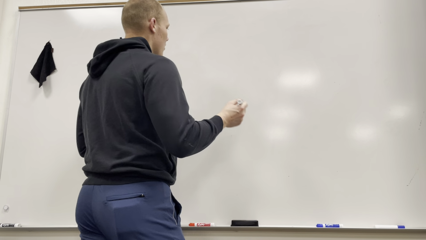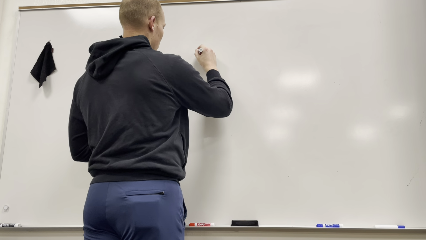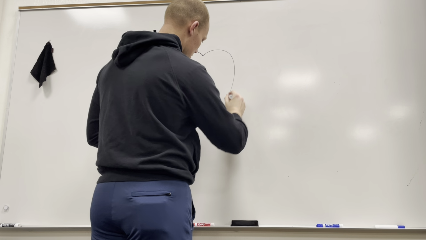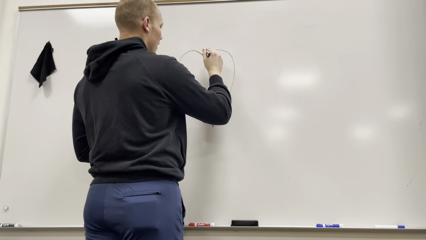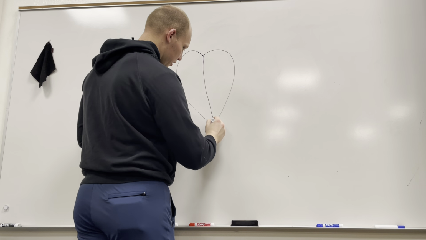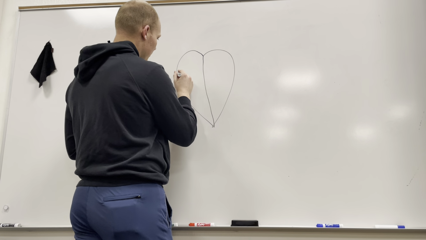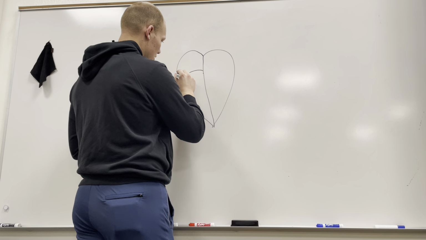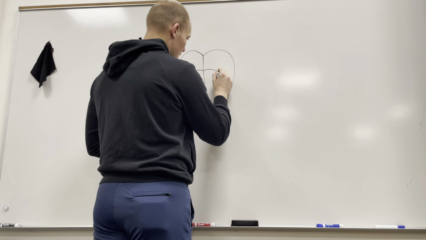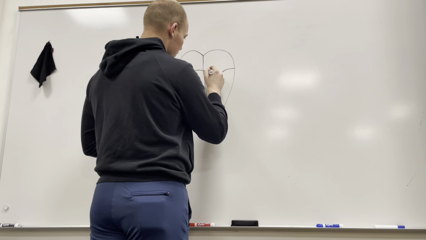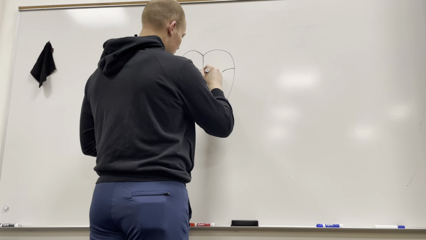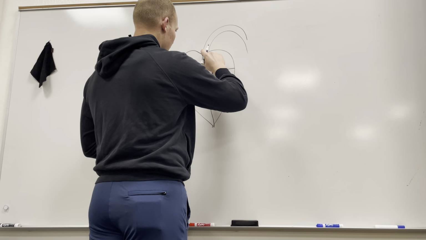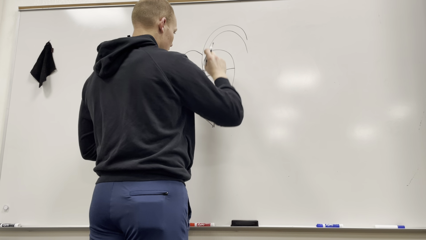So in our aorta, we have a heart here. We have the intraventricular septum, the atria separated from the ventricle, and we have our aorta coming off here, coming out there.